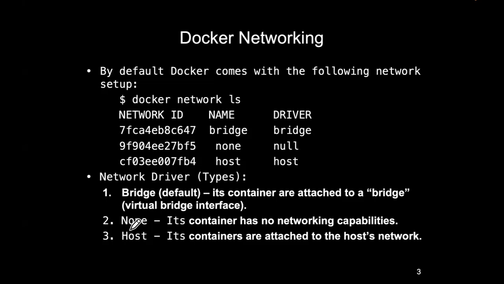But the thing about it is, if you add a container to a host Docker network, then effectively that container is similar to any other service that you might be running on the host machine. So in fact, those containers will have the same IP address as the host machine itself.